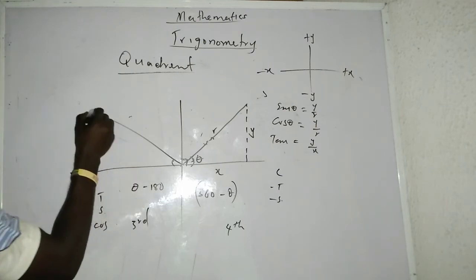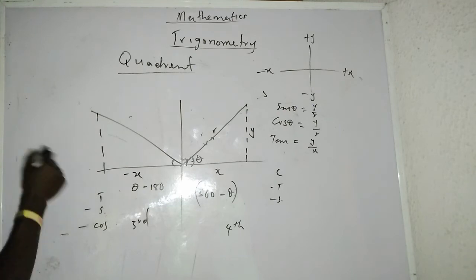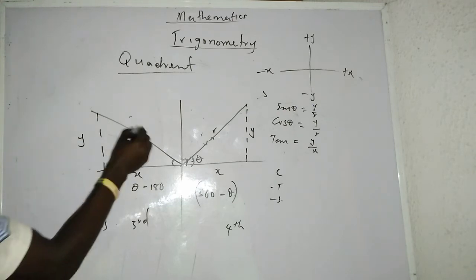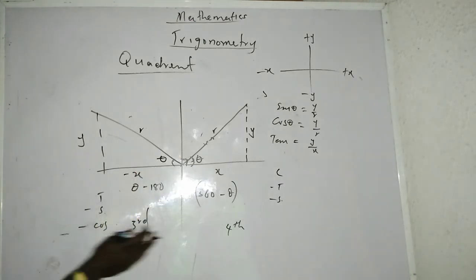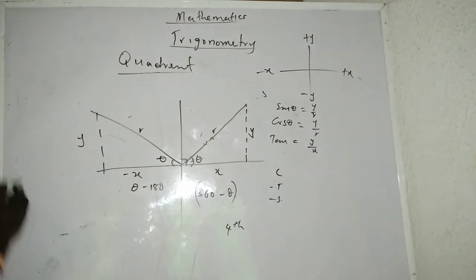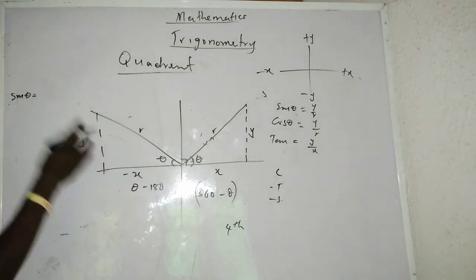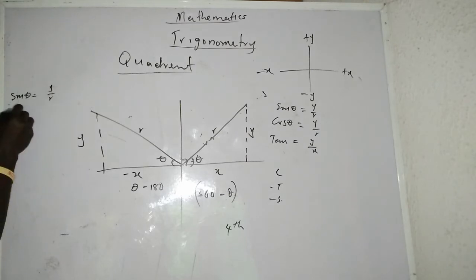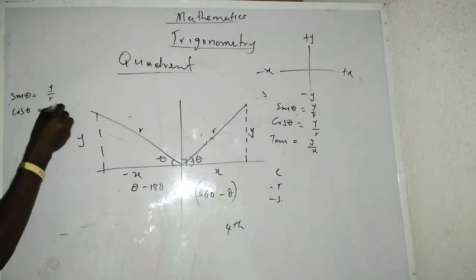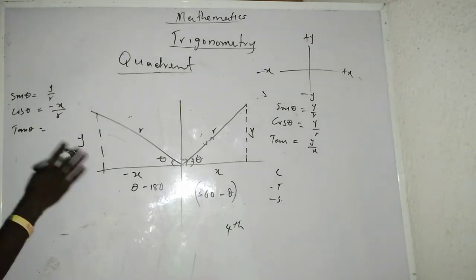It means wherever that is operating here, it will be minus x. This is y, and this is your r. The same thing, if angle forms there, my sin theta will be equals to y all over r. Cos theta will be equals to minus x all over r. And tan theta, it will be equals to what?